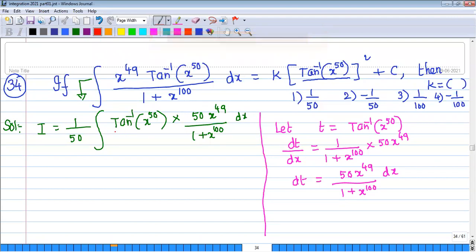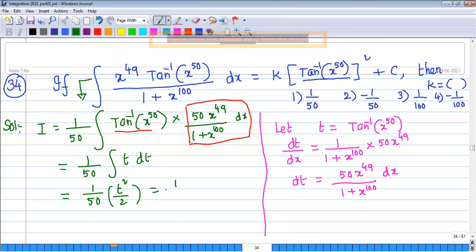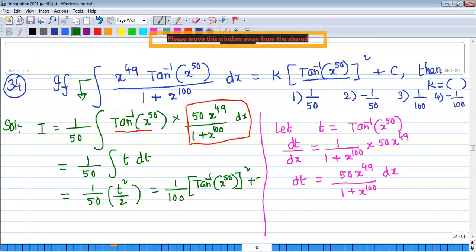See, this is t, this will be dt. So we can have 1 upon 50 integral t dt. This is t power 1, x to the power of n formula, x to the power of n plus 1 by n plus 1. 1 by 50 times t square by 2. This is 1 by 100 times t square. T stands for tan inverse x to the power of 50, whole square plus constant of integration.